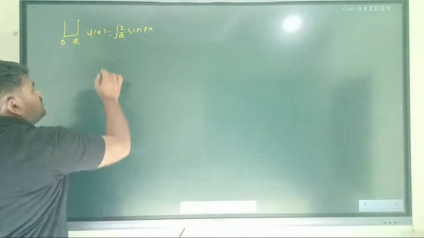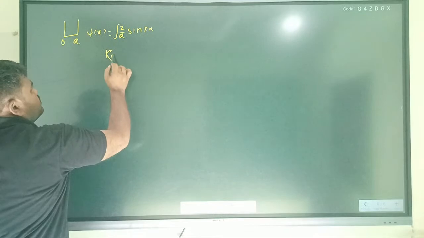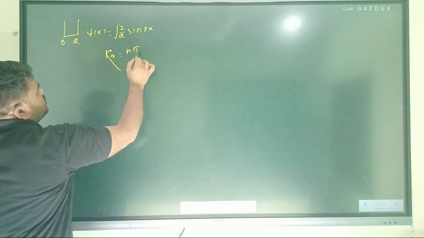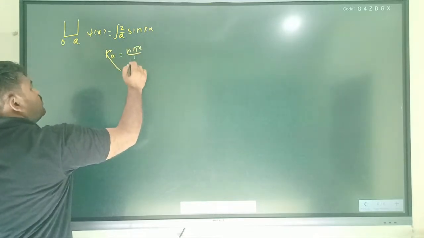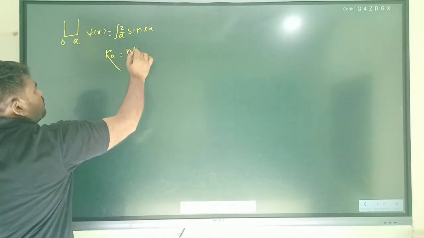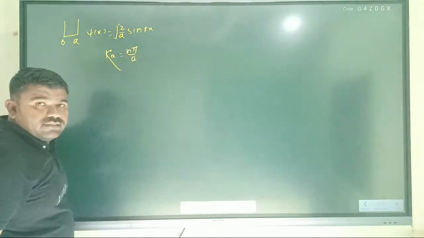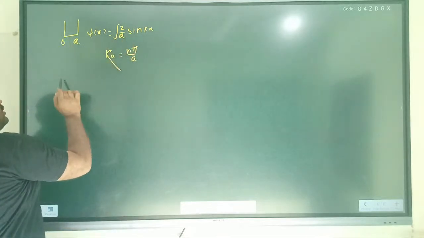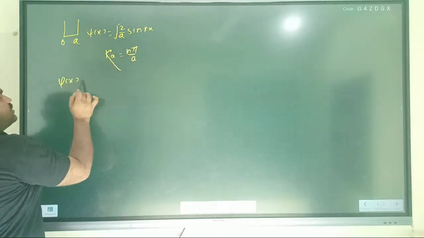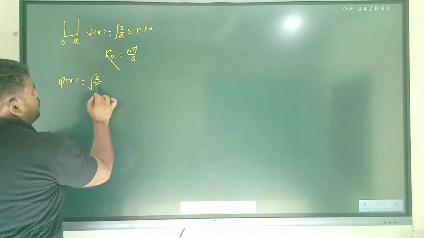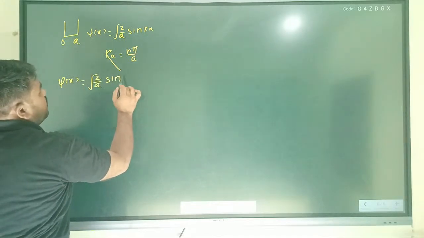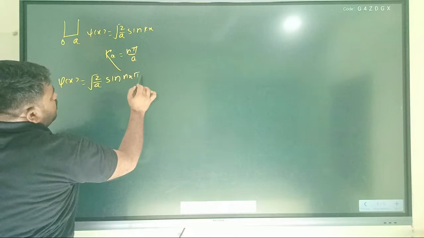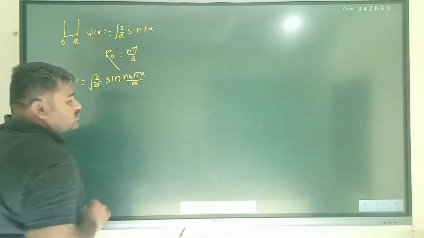What is the kx value here? kx is equal to n pi x upon width, or n pi upon a is the k value. Now we can substitute this value here. Then we get psi of x is equal to root 2 upon a sin n pi x upon a, where the width of the box is a.